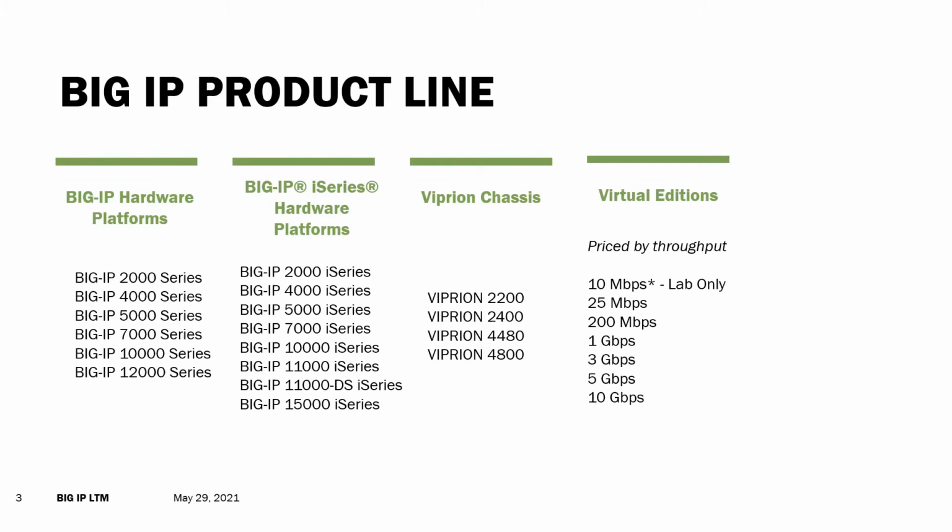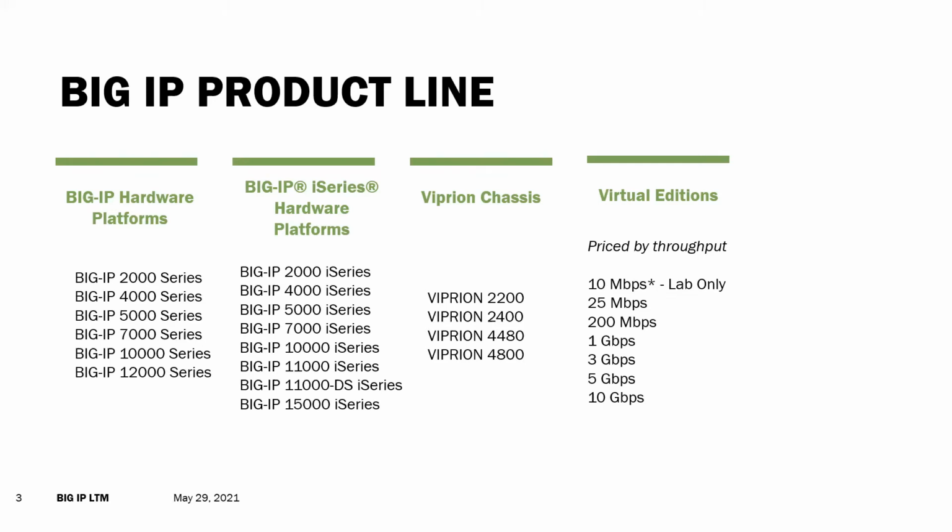The first line of their products is the normal hardware platforms. These are the basic platforms. You can choose one of these as per your requirements. The requirement is specific to the throughput, the number of modules you want to run on top of it, and how much traffic is going through those platforms.